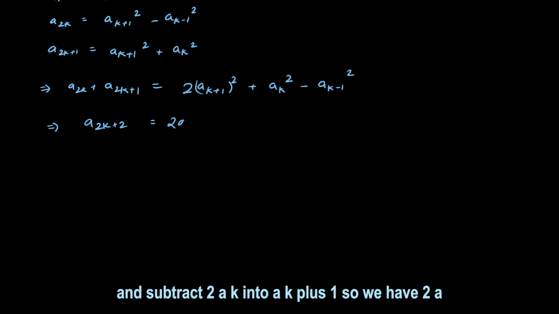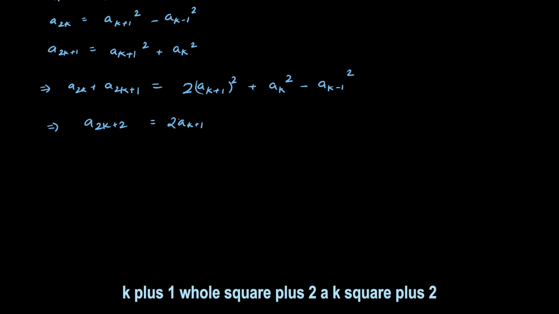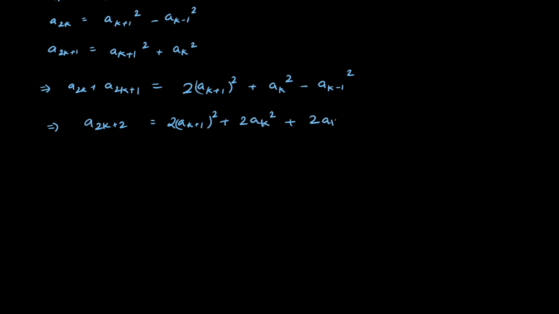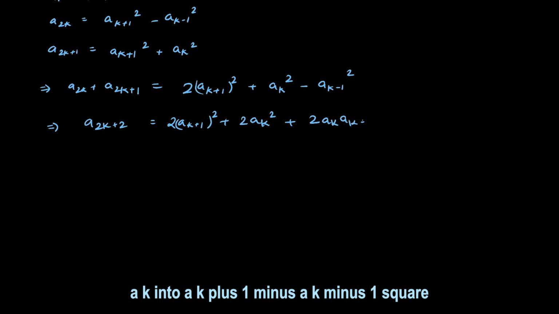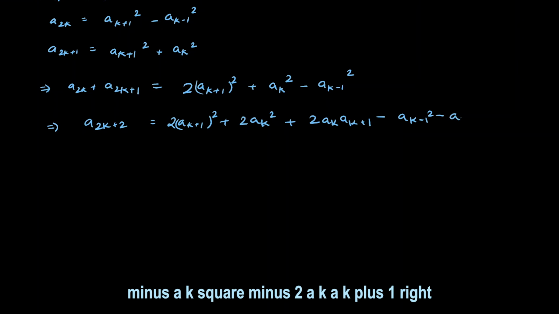So we have 2a_{k+1} whole square plus 2a_k square plus 2a_k into a_{k+1} minus a_{k-1} square minus a_k square minus 2a_k a_{k+1}, right?